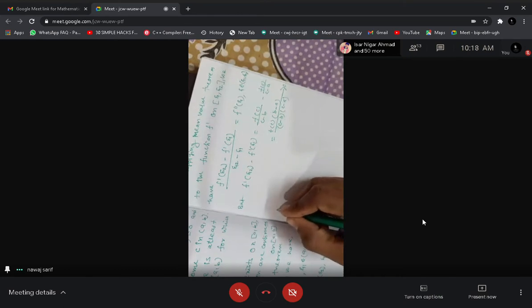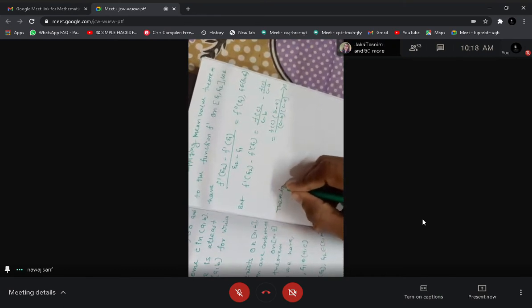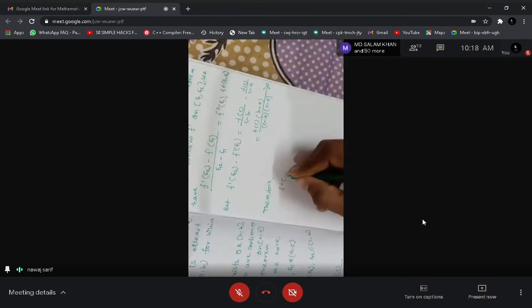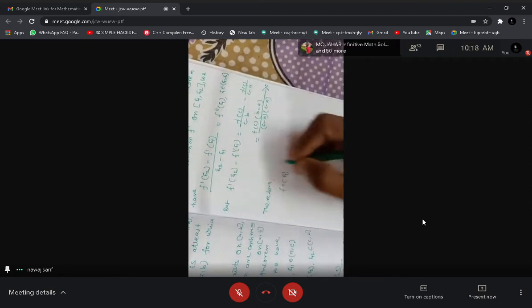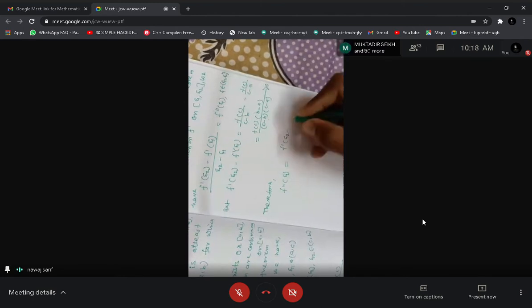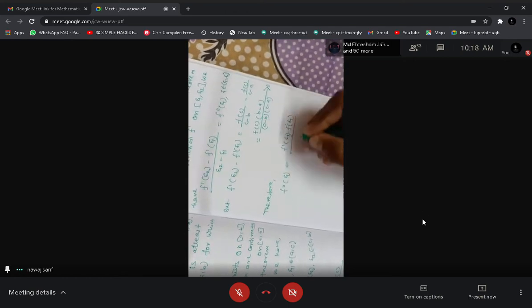Therefore, f double dash xi equals to f dash xi2 minus f dash xi1 upon xi2 minus xi1.